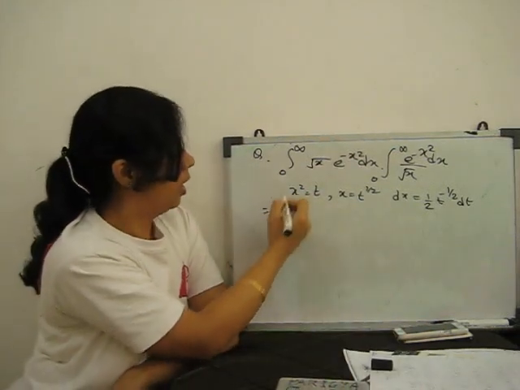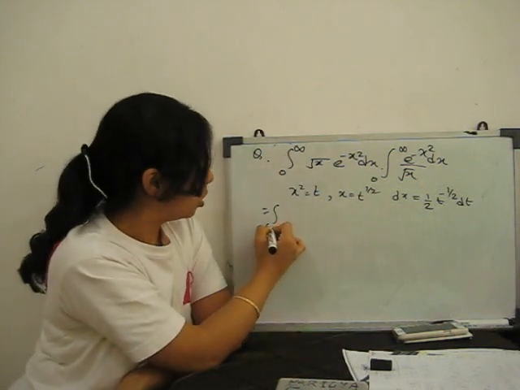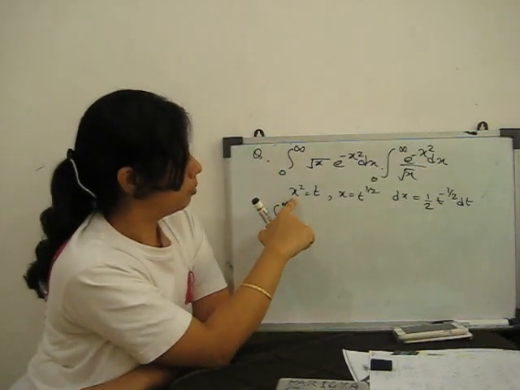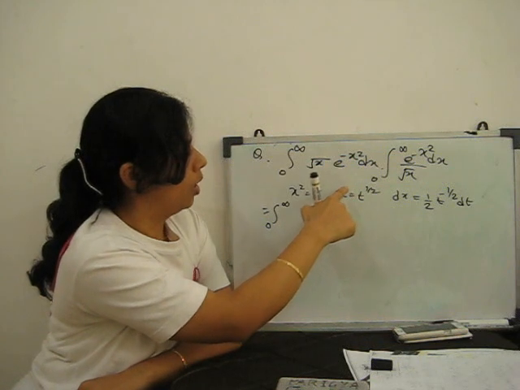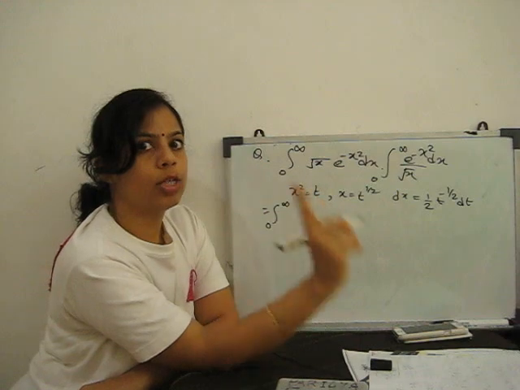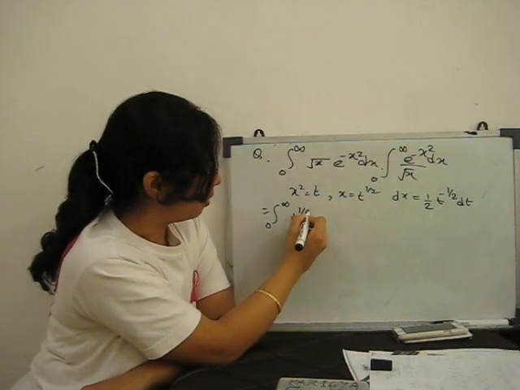The limits also: when x is 0, t is 0, and when x is infinity, t is infinity. Root x means x to the power 1 by 2. x to the power 1 by 2 means t to the power 1 by 2 into 1 by 2, so t to the power 1 by 4.